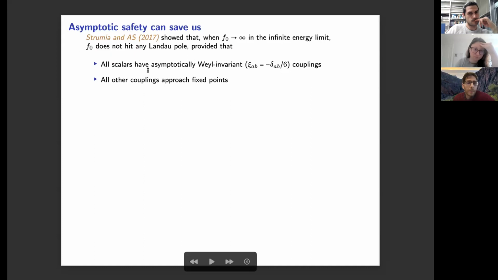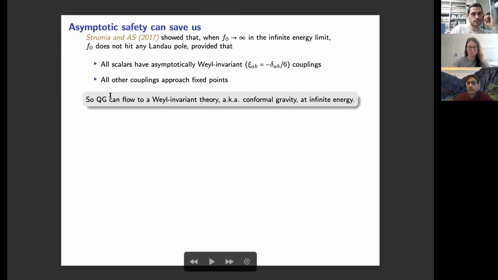However, Alessandro and I showed in 2017 that when f_0 goes to infinity in the infinite energy limit, f_0 does not hit any Landau pole, provided that all scalars have asymptotically Weyl-invariant couplings, which means that xi_ab has to be equal to this value, and all other couplings approach fixed points. Okay, so this is essentially asymptotic safety.